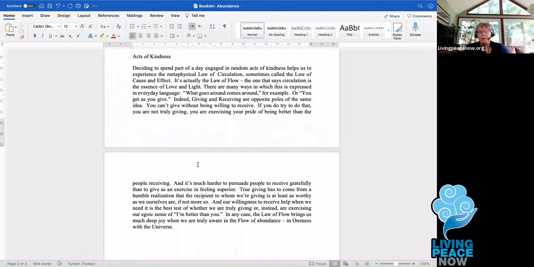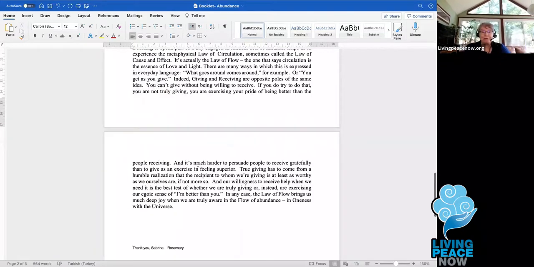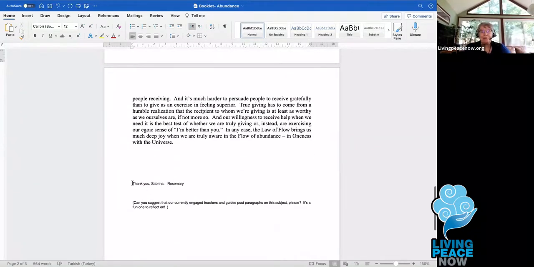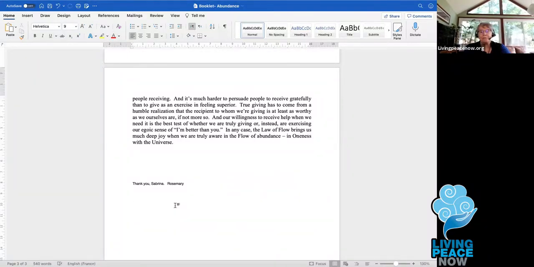You can't really give without being willing to receive. If you do try to do that, you're not truly giving. You're exercising your pride of being better than the people receiving. And it's much harder to persuade people to receive gratefully than to give as an exercise in feeling superior.